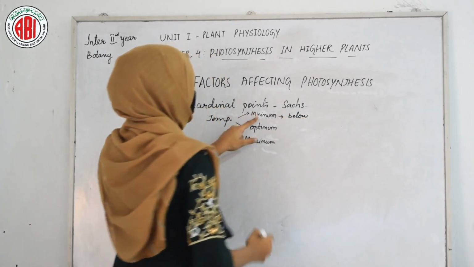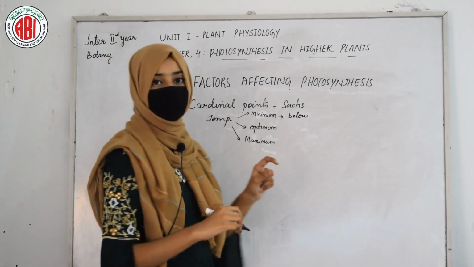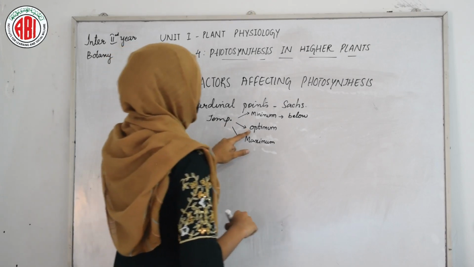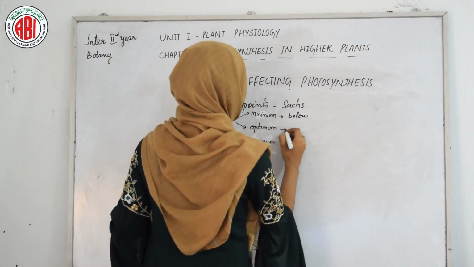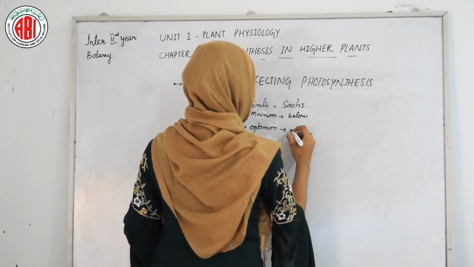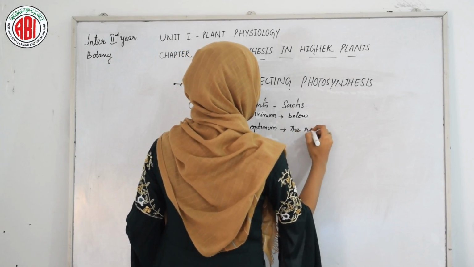Below the minimum range of temperature, the rate of photosynthesis would stop or get affected. Whereas the optimum temperature is the point where it is going to show the highest rate of the process.